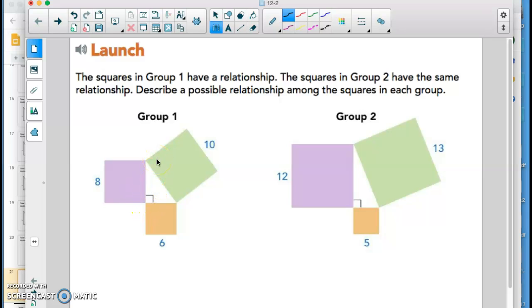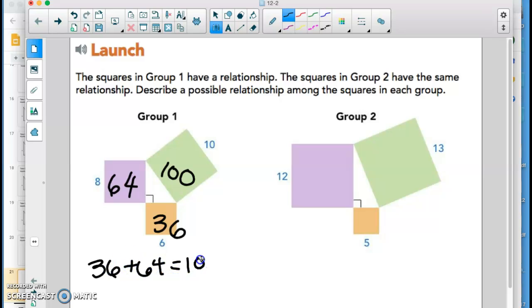Now, if we actually did square these, this right here would be 36, this right here would be 64, and this right here would be 100, right? I'm just multiplying each of these leg lengths and this hypotenuse by itself. Well, since 36 plus 64 equals 100, it's just proving the Pythagorean theorem again.